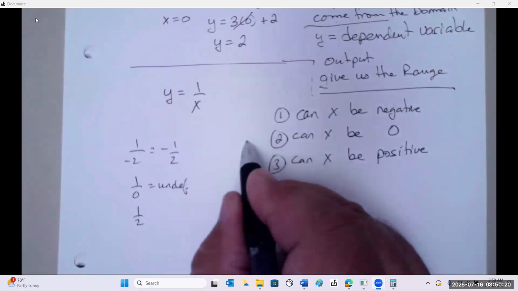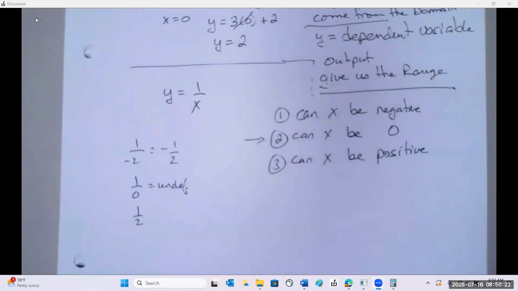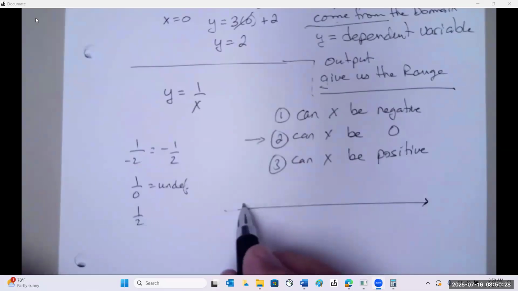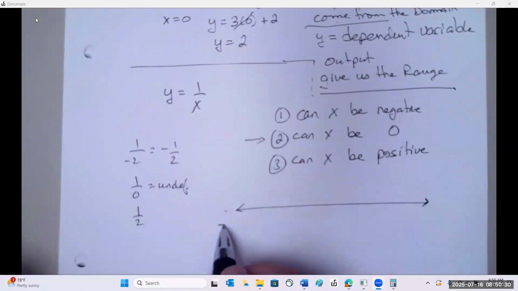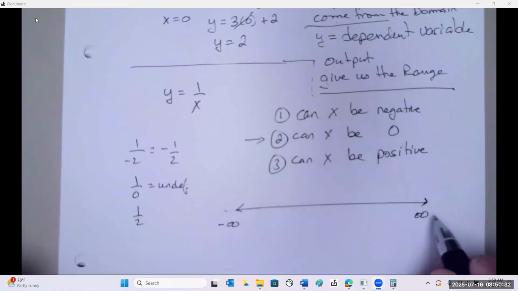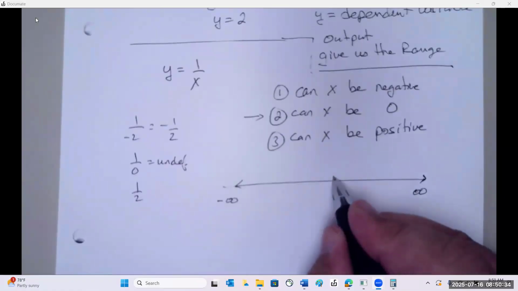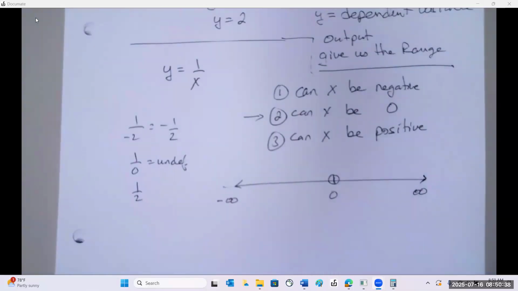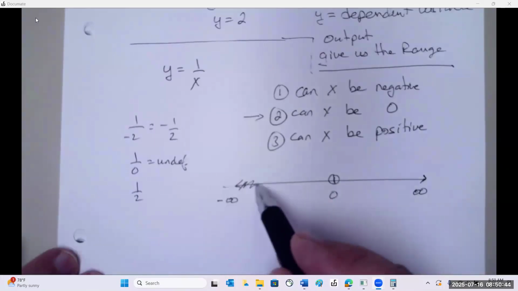So now we've just defined the domain. Our domain, from our numbers, is the X values. We can go from negative infinity to positive infinity, but we cannot use 0. I put an open circle there because I can't use it. I can use everything else.